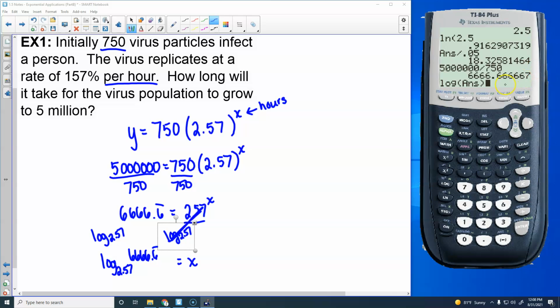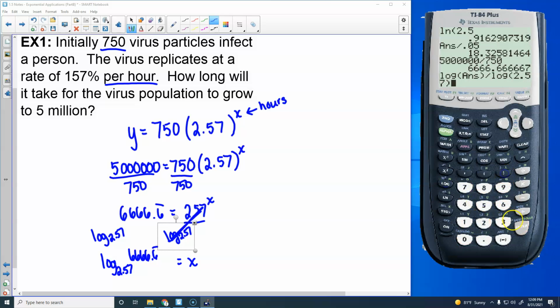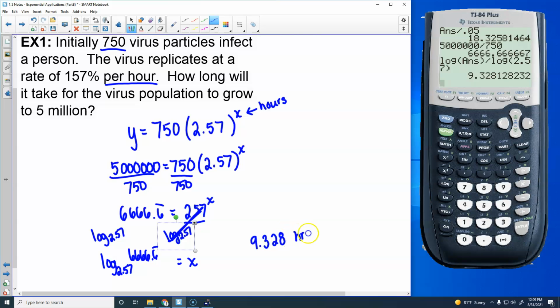Or if you don't do that, make sure you put in tons of sixes there in the top part. Divided by log of 2.57. And it is going to give me 9.328 hours.